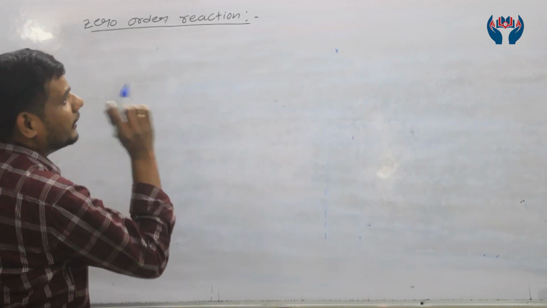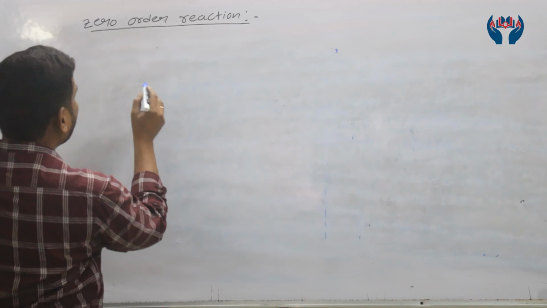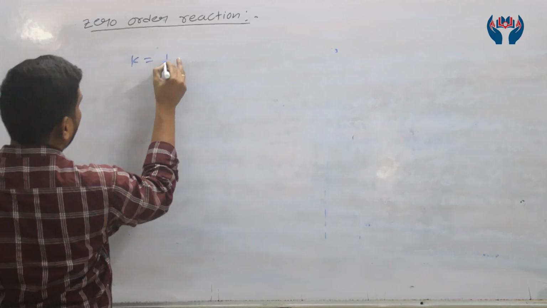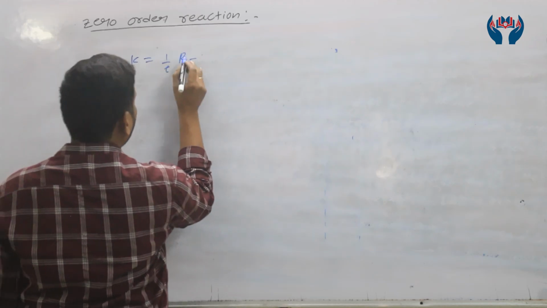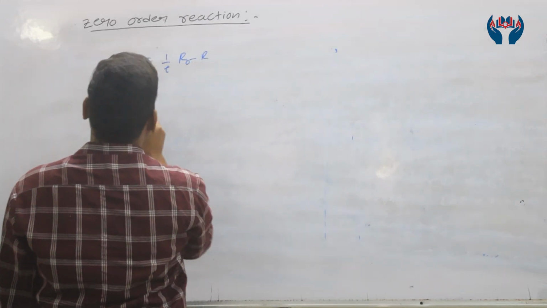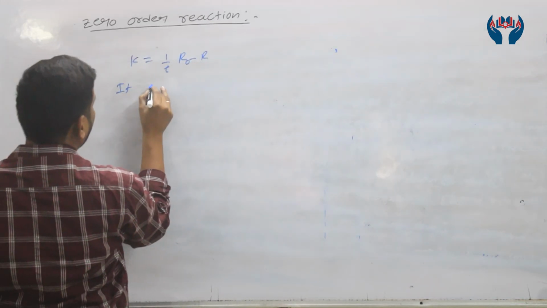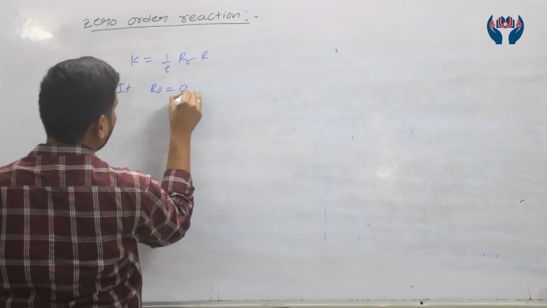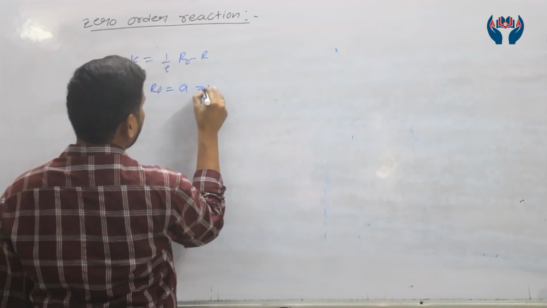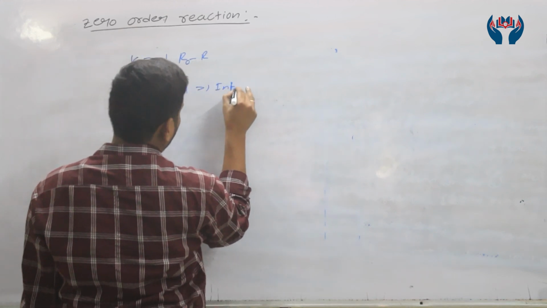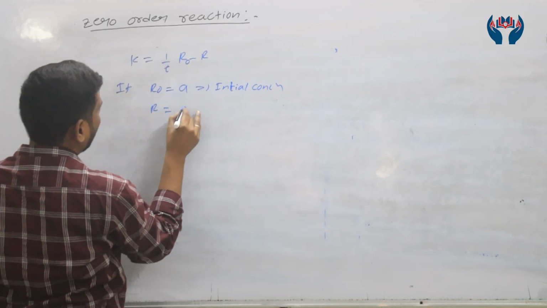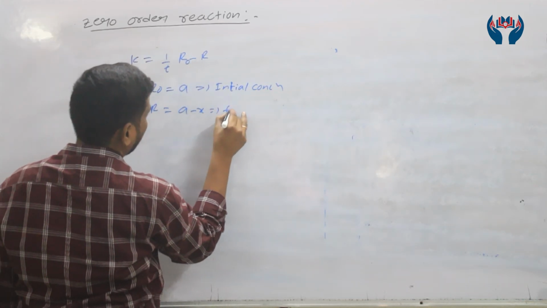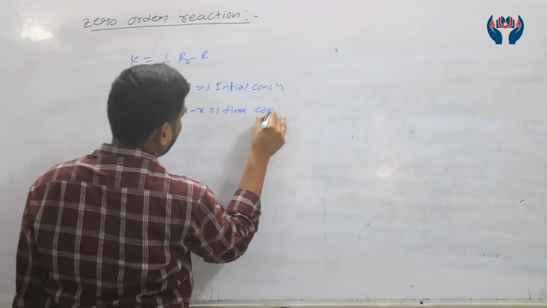If the initial concentration R0 equal to a, and R equal to a minus x is the final concentration.